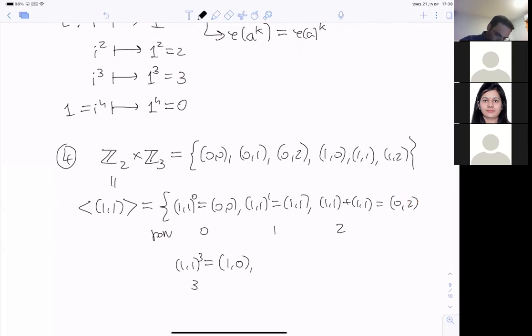And (1,1) to the power of 4 will be (0,1), and to the power of 5 will be (1,2). And that's all. Why is that all? Because next time we get back to here if we add another (1,1).